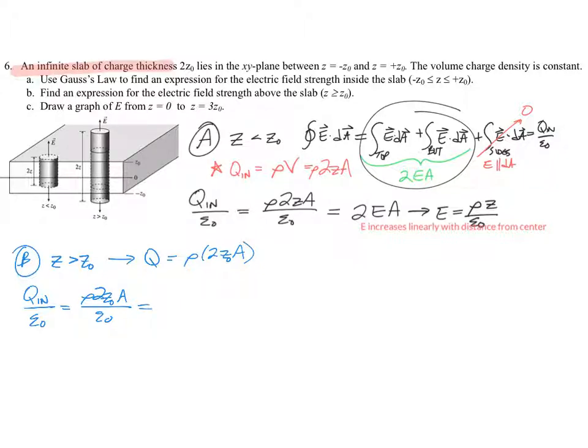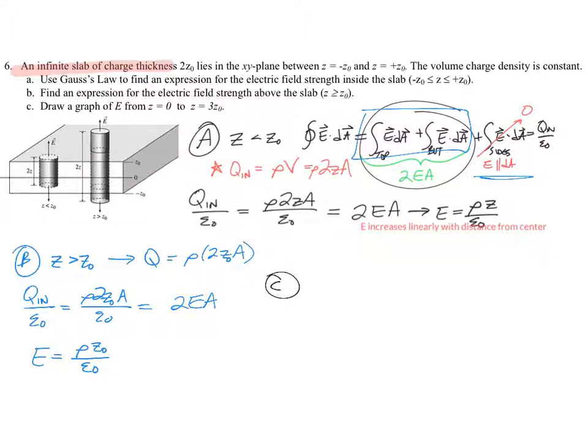And here, it's the same deal. We have these two things going on, and none of that. So we're back to 2EA. Nothing's really changed in that regard. And so we end up getting E is the same thing except it's relative to z naught per epsilon naught.